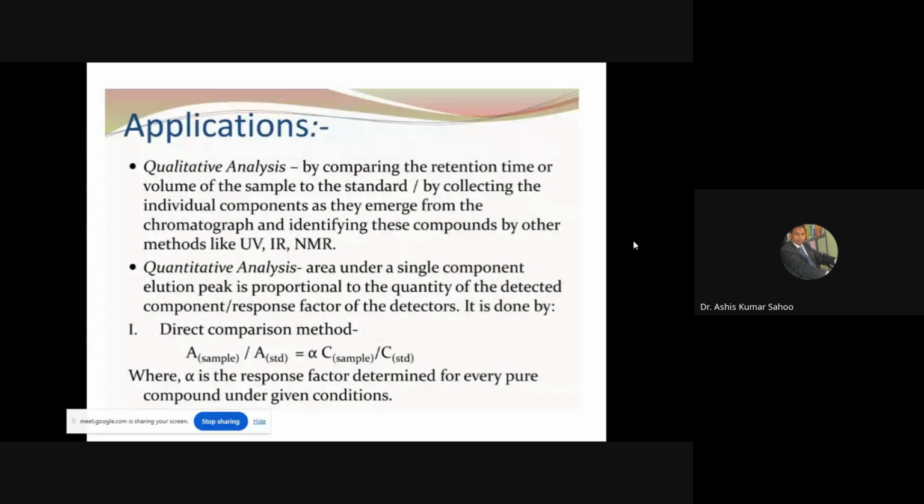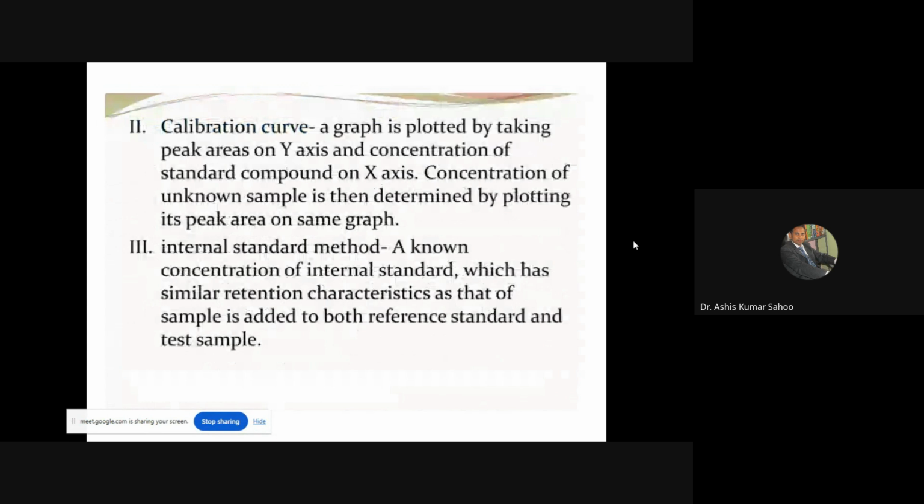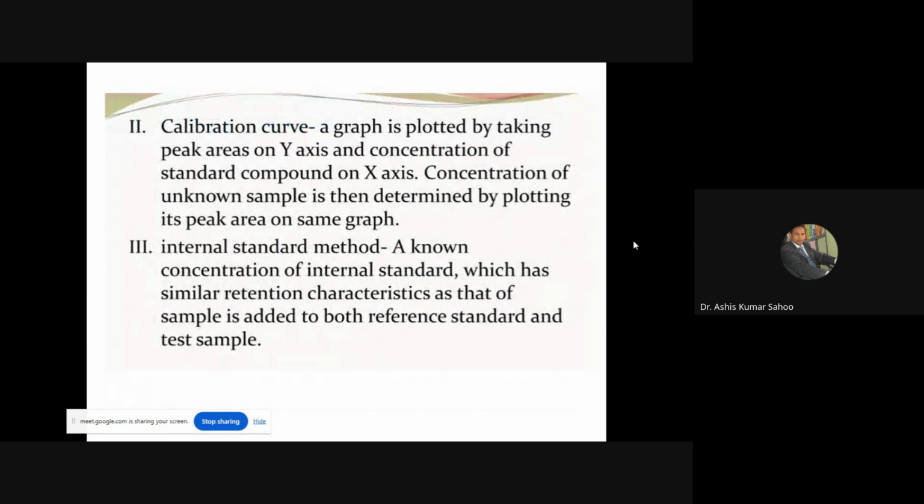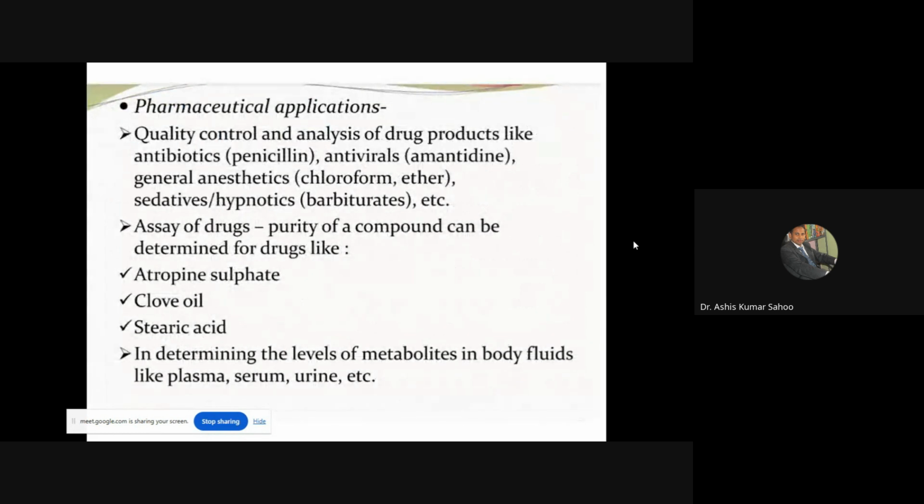Evaluation and application: this is applied in qualitative analysis and also in quantitative analysis in different fields. Calibration curves are used. These are the pharmaceutical applications.